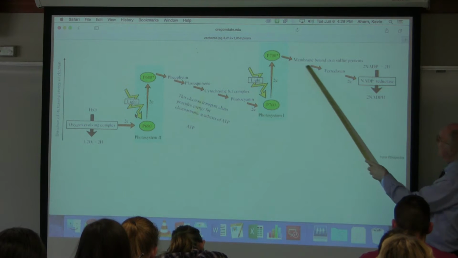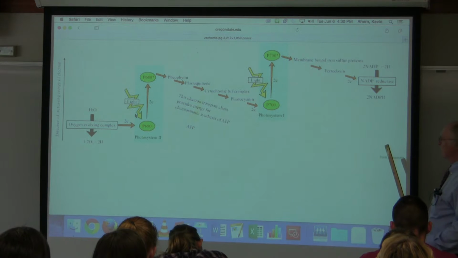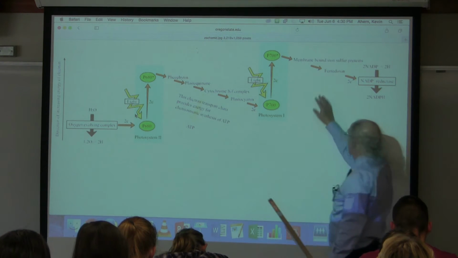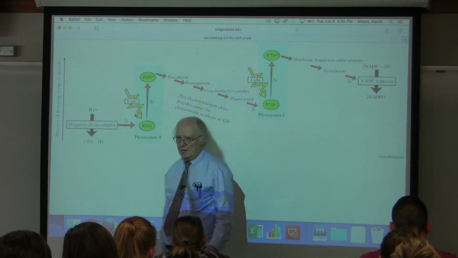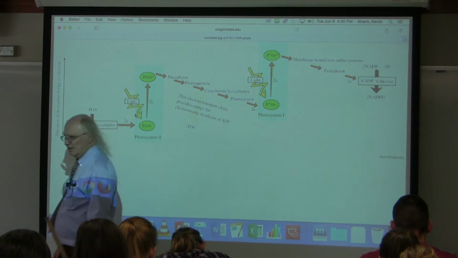They're again in the thylakoid membrane. They're membrane bound. The one thing I want you to know in terms of names is this guy right here. The electrons end up at a protein called ferredoxin.